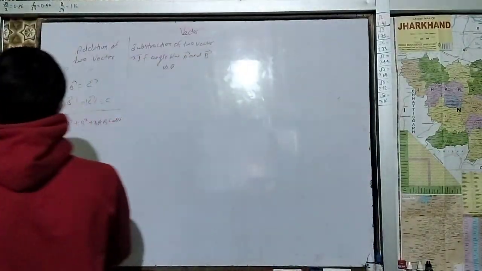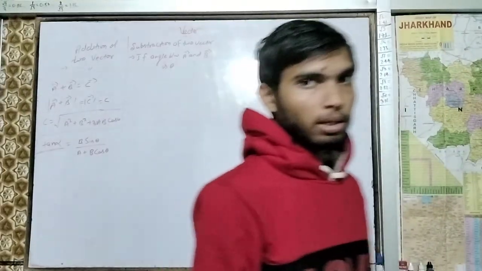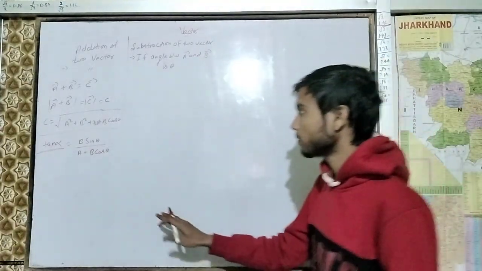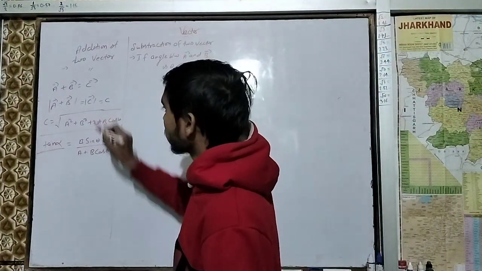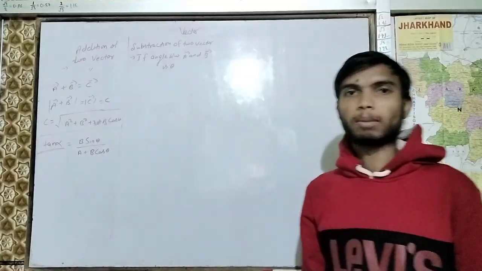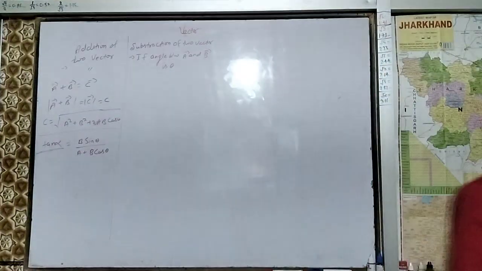In that case, we use this formula, b sin theta upon a plus b cos theta. This formula is used when the angle is made by the resultant and a given vector. And the other formula is used when we want the magnitude of a resultant vector.